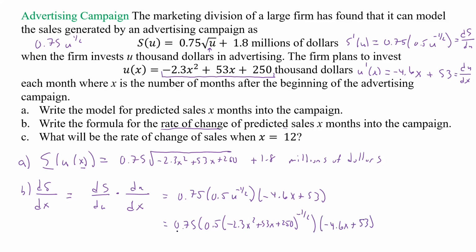If we leave it as that, then we would have a function we could use. That's going to be our ds dx, in millions of dollars per month.